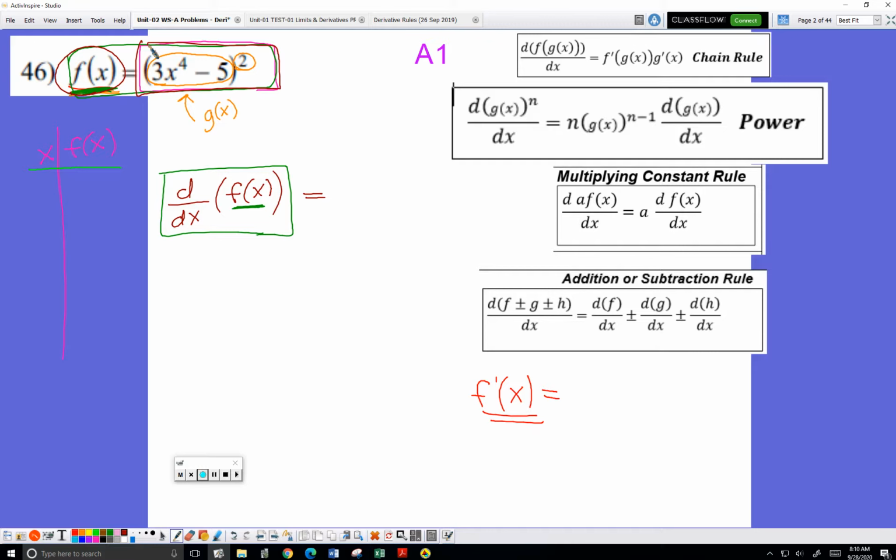So you're going to write d over dx of this other half of the equation. 3x to the 4th, subtract 5, parenthesis squared, close parenthesis. So write that down. It literally is the same thing you've been doing for years, where you'll have an equation and you'll say, I'm going to multiply both sides of the equation by, say, 2.